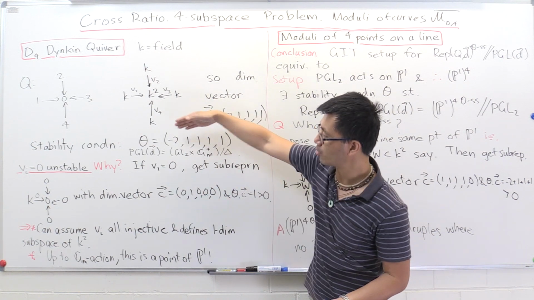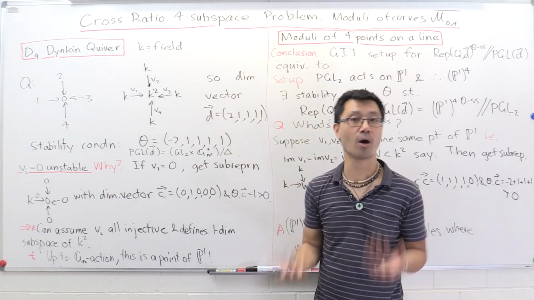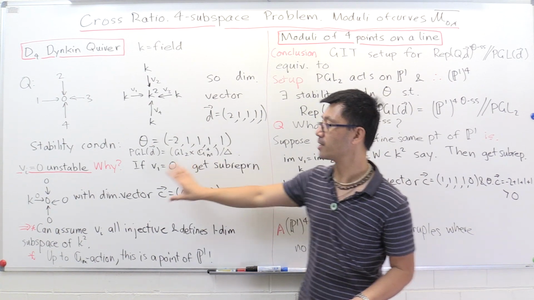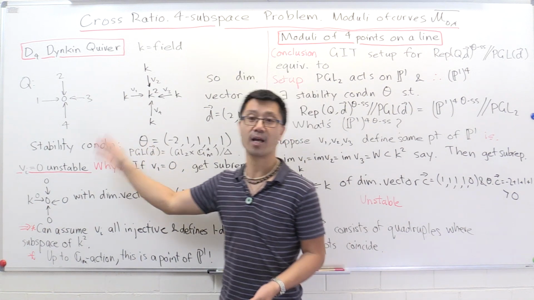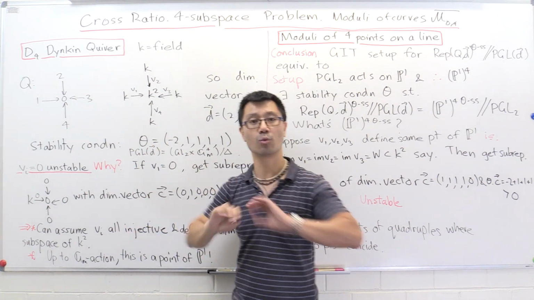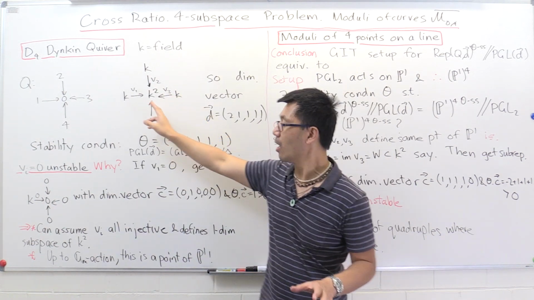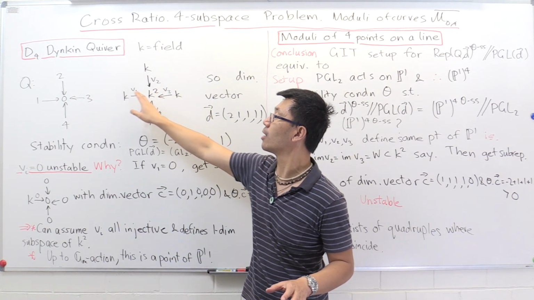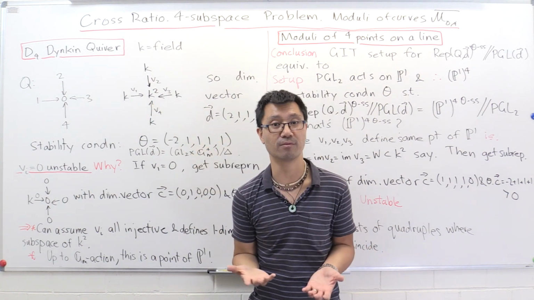And when you take the dot product of this, of course, you just get the 1 times the 1 here, which is strictly positive. And that shows you that if any of these linear maps is 0, then in fact you get an unstable representation. So we'll throw those away. So if this map is not equal to 0, then since this is one-dimensional, in fact, this is going to be injective.